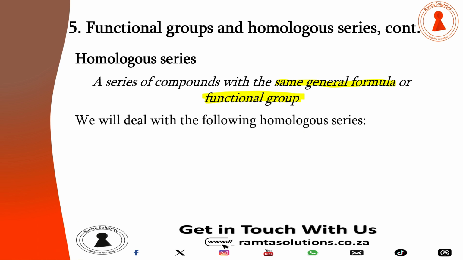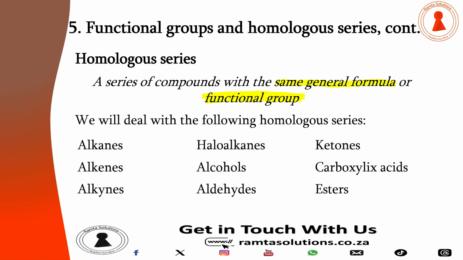The homologous series that we're going to look at for your grade 12 physical sciences organic molecules are the following. They are 9 in fact, not 6, 9. Back then we used to deal with about 12, but right now you deal with 9, which is okay.